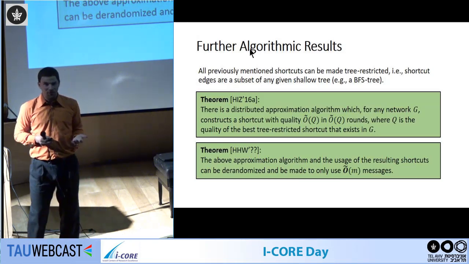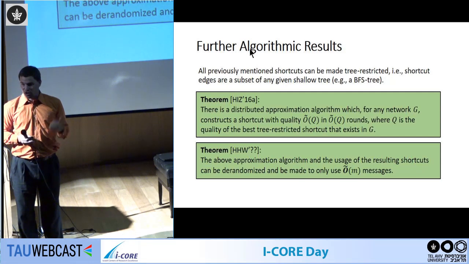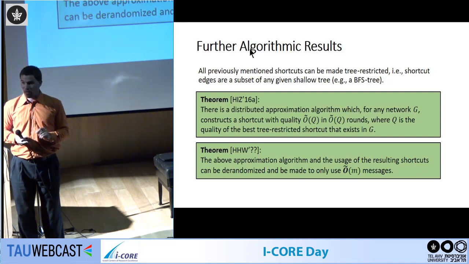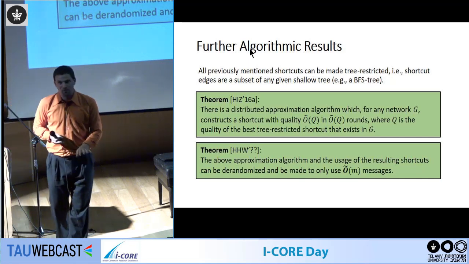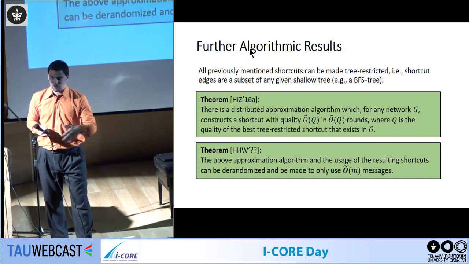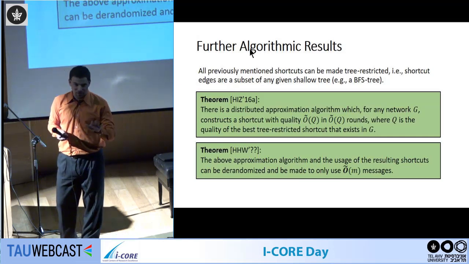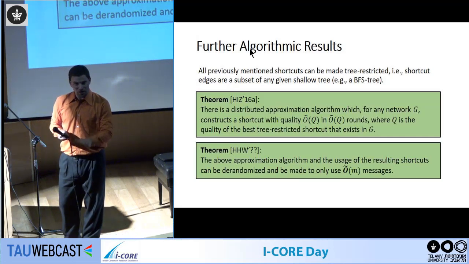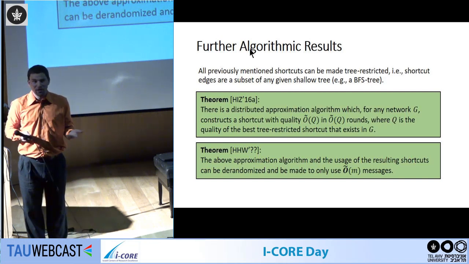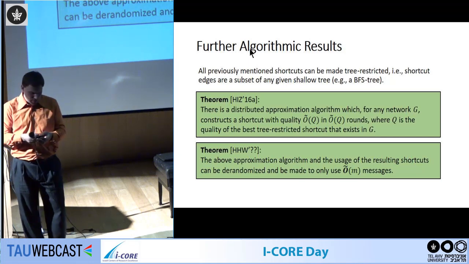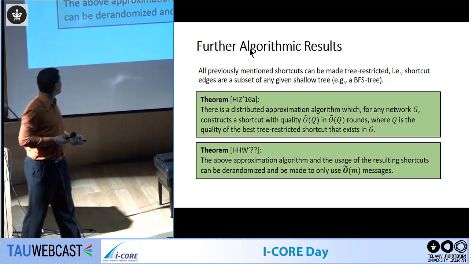It turns out very, very easily you can make shortcuts run in order m messages, pairwise aggregation in order m messages. That automatically means for any algorithm that uses shortcuts, if the underlying algorithm is deterministic, you can make the shortcuts deterministic, and you can make the message complexity linear, or near linear, which is the best that you can hope for. So that's also a cute result.